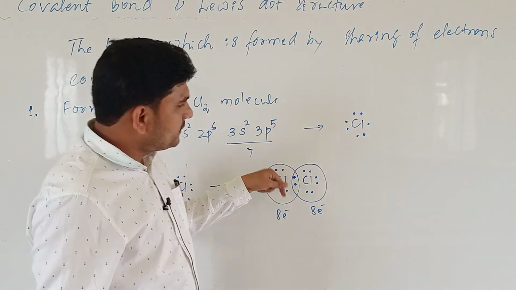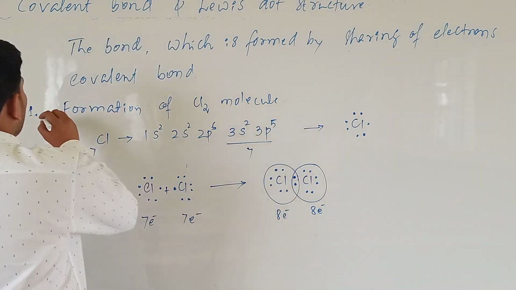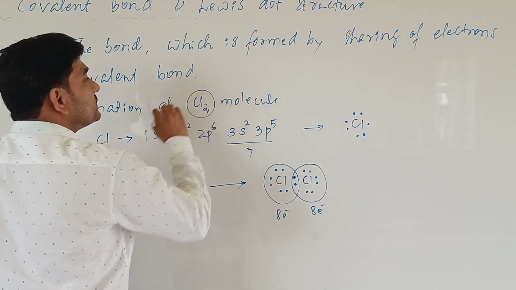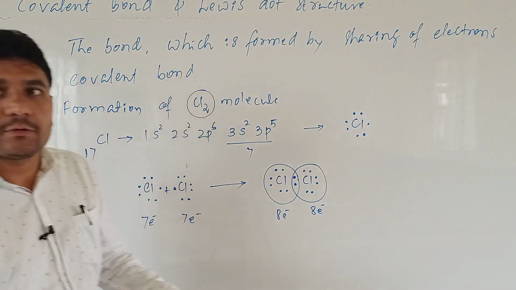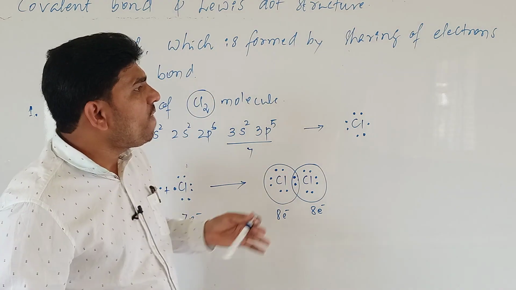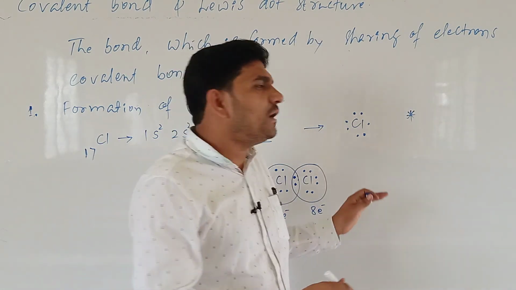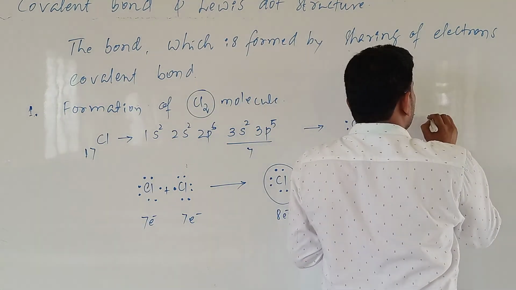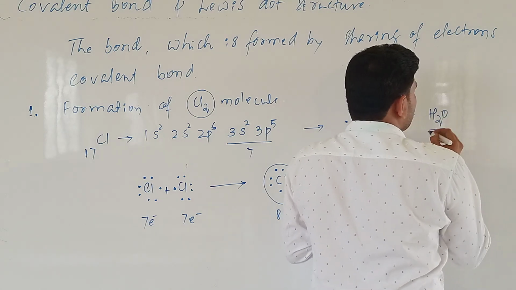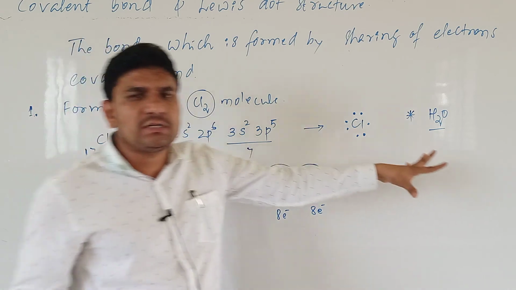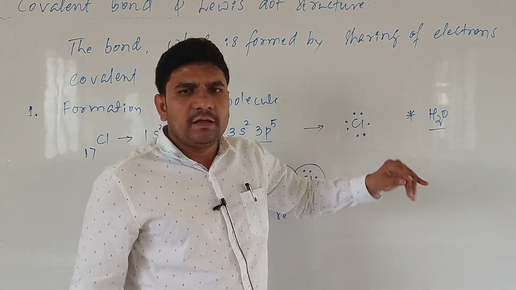See, this is how we can write the Lewis dot structure for molecules. And you can write the Lewis dot structure for the water molecule also. You can follow the same thing and you will come to know how to write the Lewis dot structure. This I will explain in the next class.